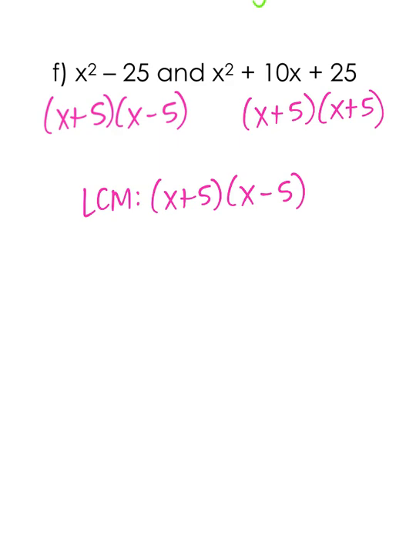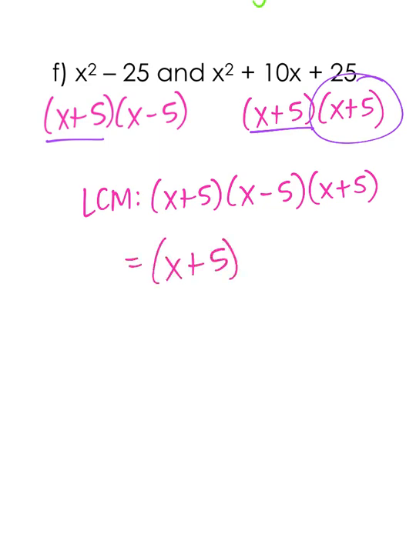And this time I am going to need to include the second x plus 5, because the first time they have it in common. But this second one still needs to be multiplied. So I would have to include that one. And then you could use your exponents like that.